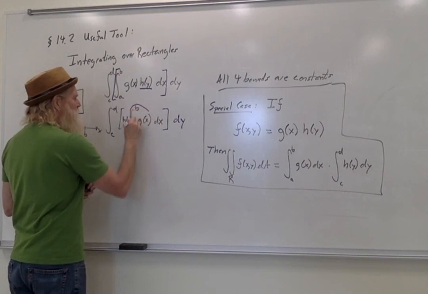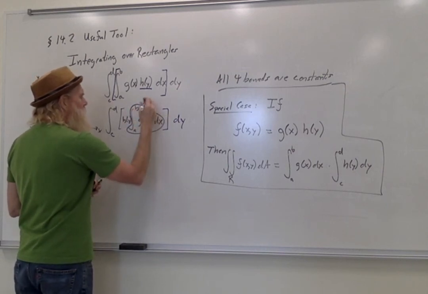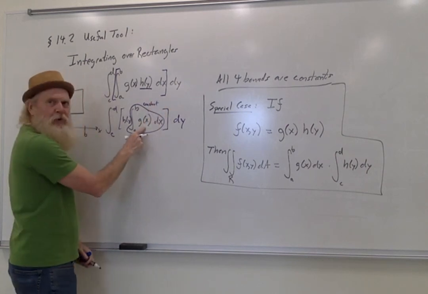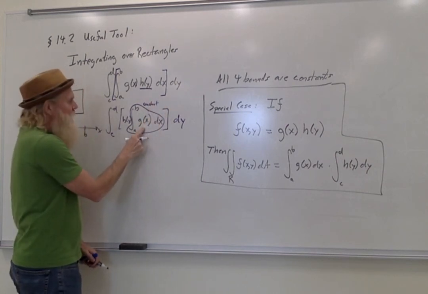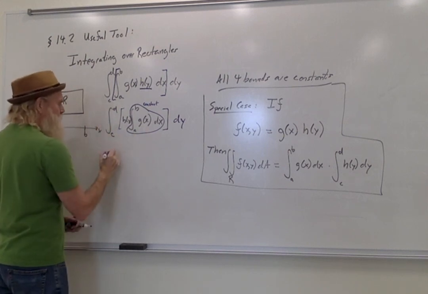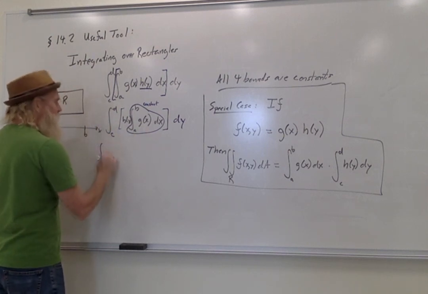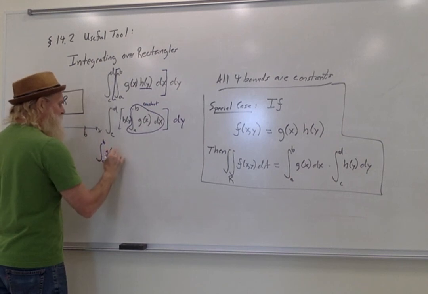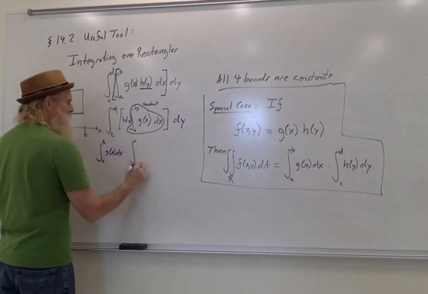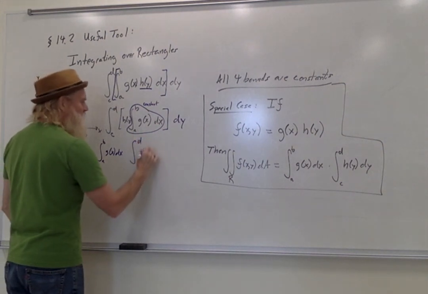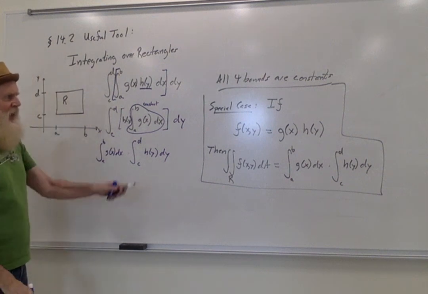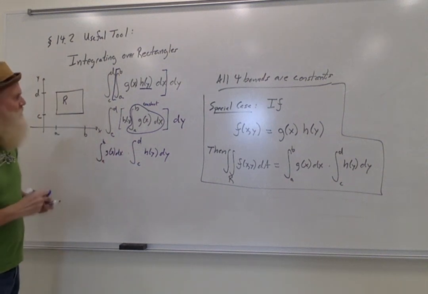This whole thing is a constant. That's going to be a number when I carry out that integral. And I can factor that number all the way out. So I can bring that whole integral from a to b of g of x dx outside this integral with respect to y. And that's how we can end up with that result.